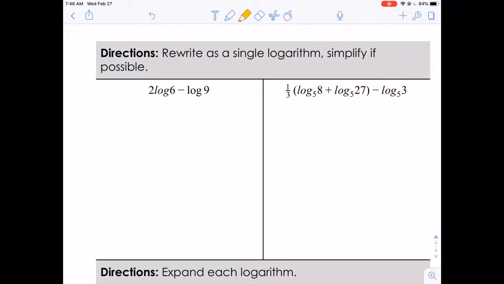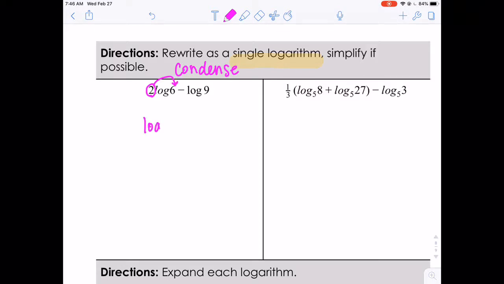These directions say rewrite as a single logarithm. So we are trying to condense, right? Because we want to make it into 1. So simplify if possible. The 2 in front becomes an exponent according to the power rule. So we would have log 6 squared, still have the minus log 9. I can simplify 6 squared.